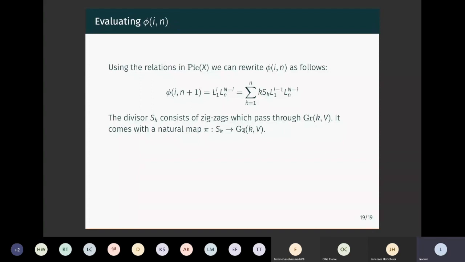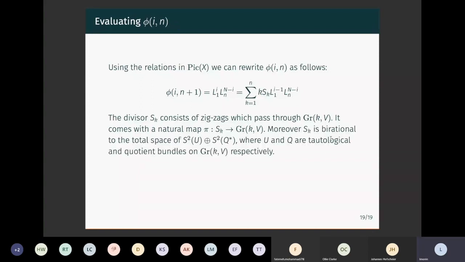Moreover, Sk not only comes with a natural projection, it's also birational to the total space of a very precise vector bundle, which is S2U plus S2Q star, where U and Q are the tautological and quotient bundles on my Grassmannian. So I have a very precise birational model for this Sk.